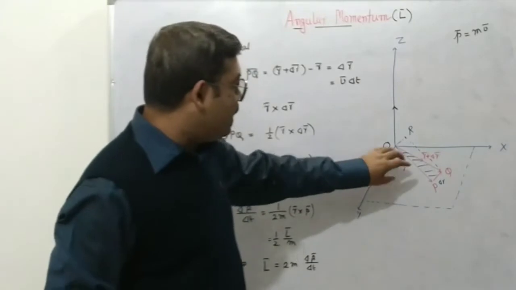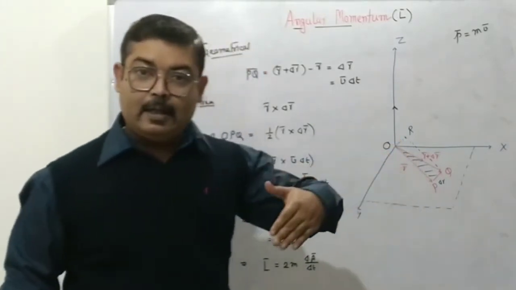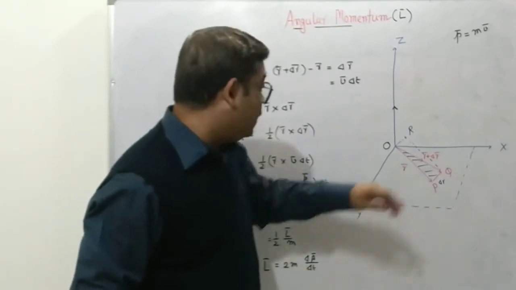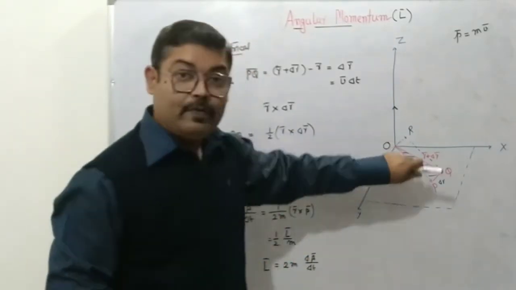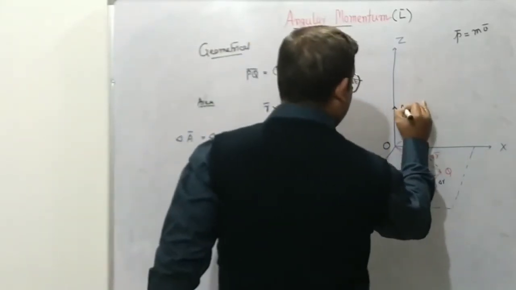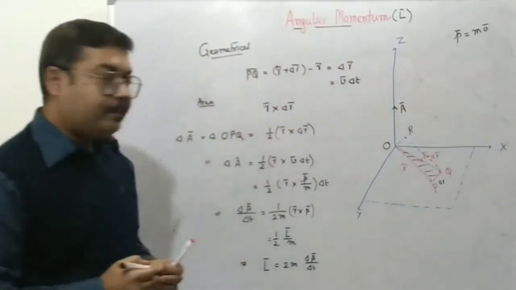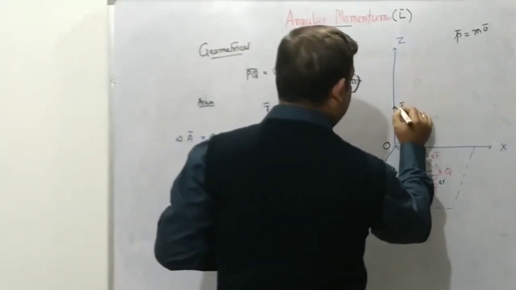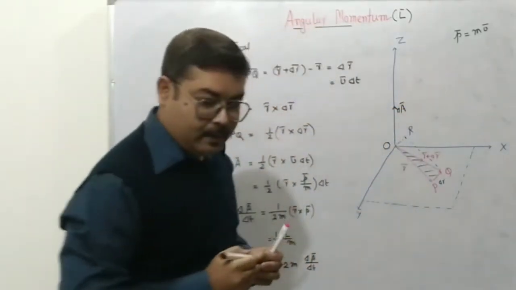See, we already said that delta A is the area that is swept out by the position vector in time delta T, right? So this will be the direction of vector delta A, right?